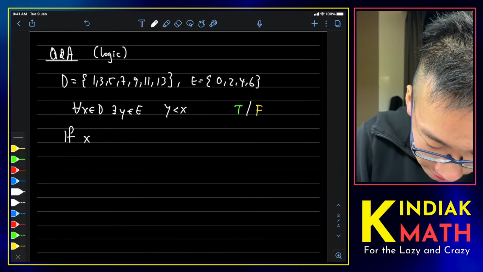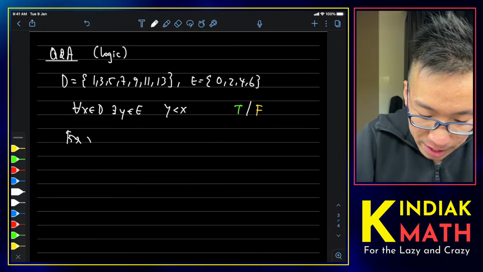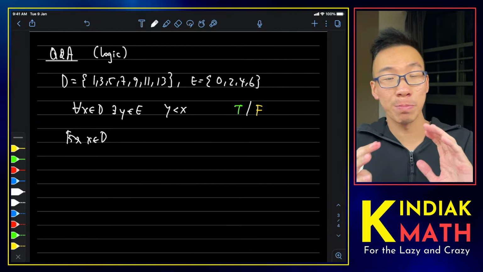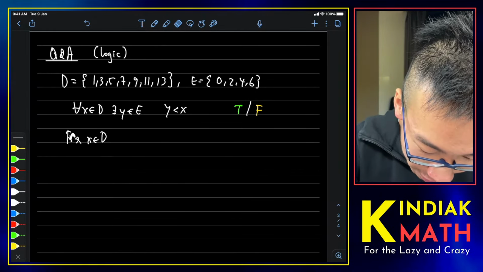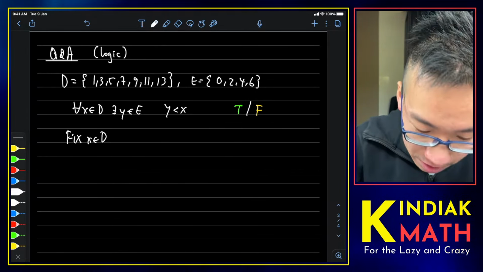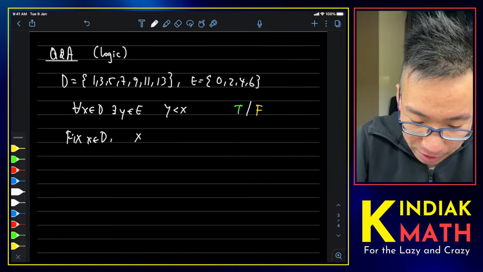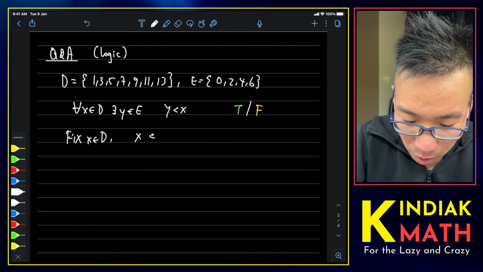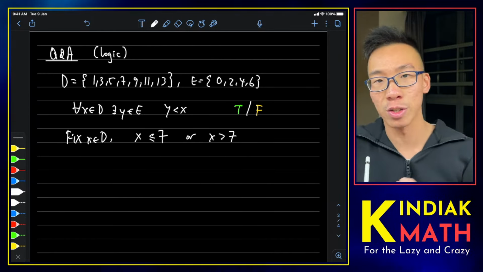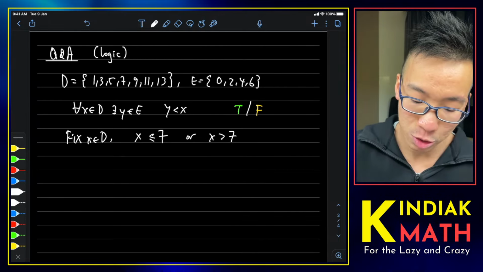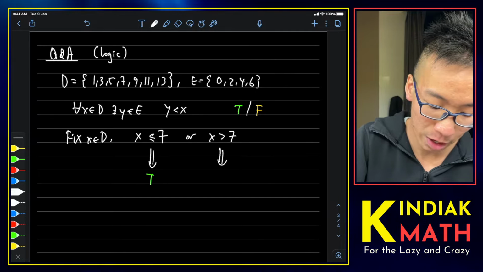for any x in D, fix x in D. All right, we've got another question pertaining to implications and conjunctions. We're going to look at that in a moment. So if we fix x in D, then x is either smaller than or equal to 7, or x is bigger than 7, and then you can argue your way through to show that in both cases you do get a true outcome.